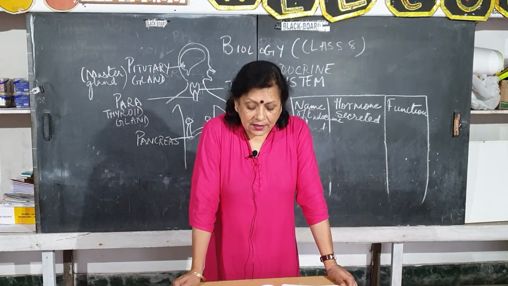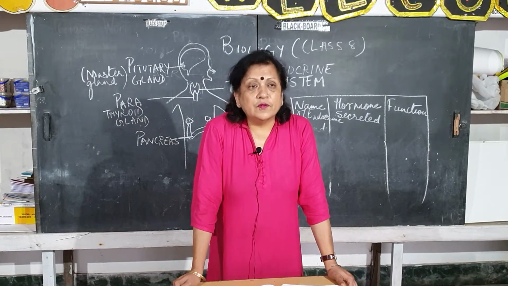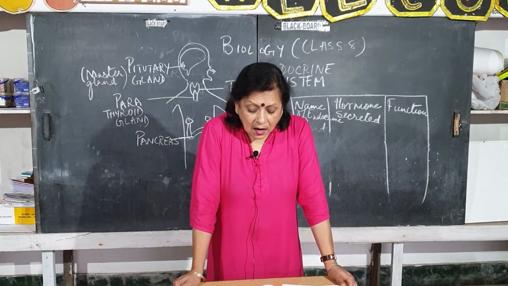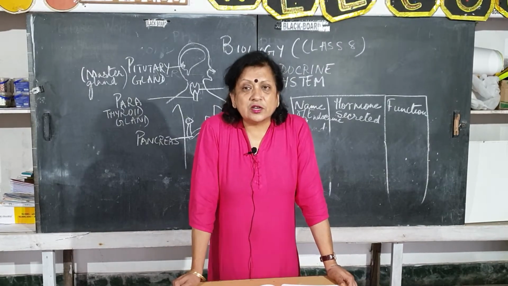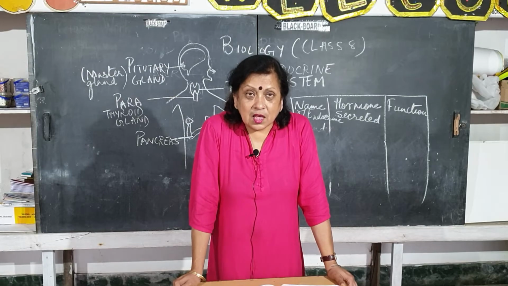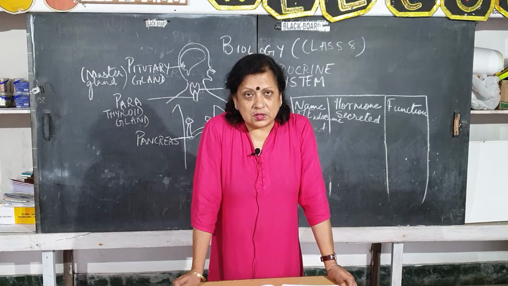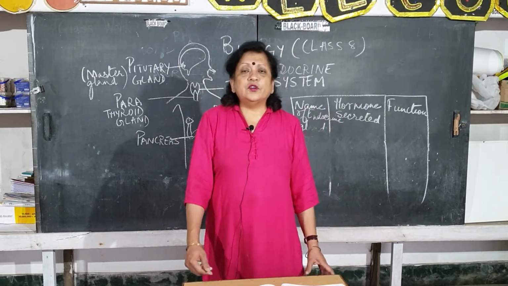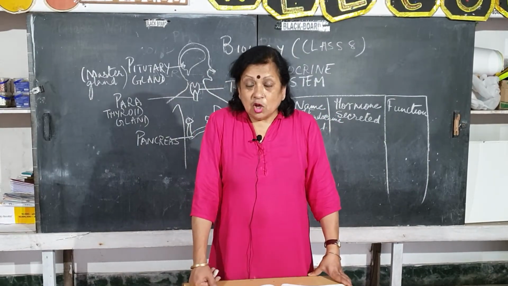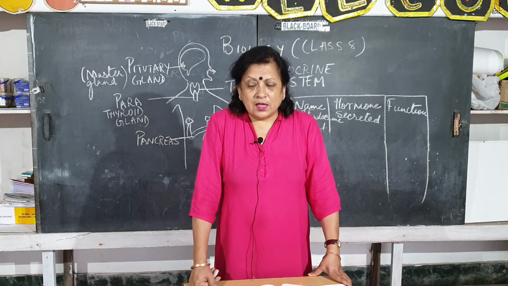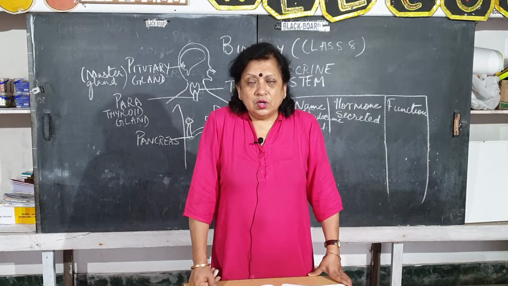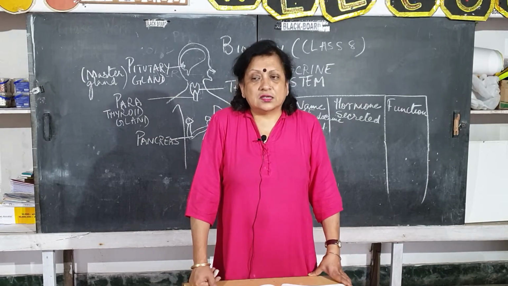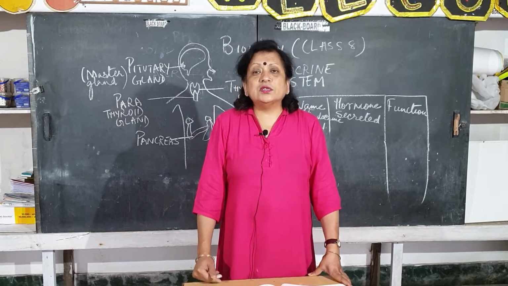These endocrine glands are secreting a special type of chemical called hormones, which are taken to the different organs in the body through the bloodstream and not through any special ducts or tubes. What is a duct?